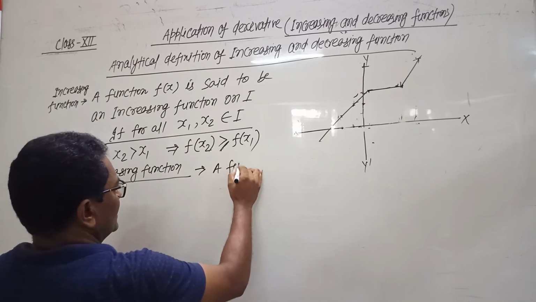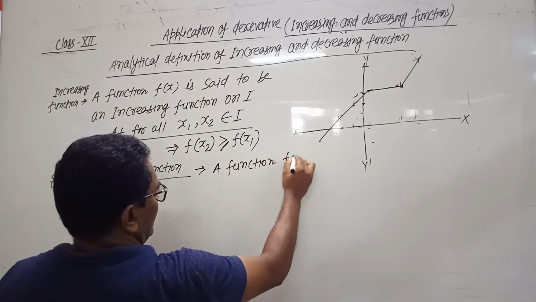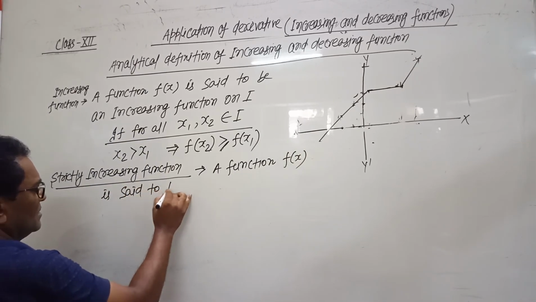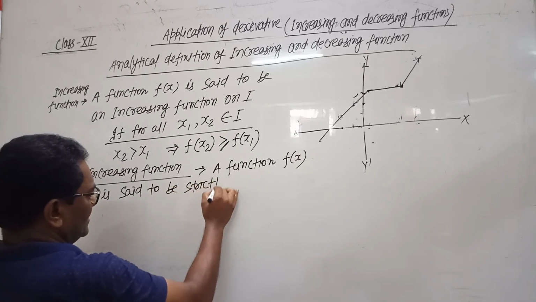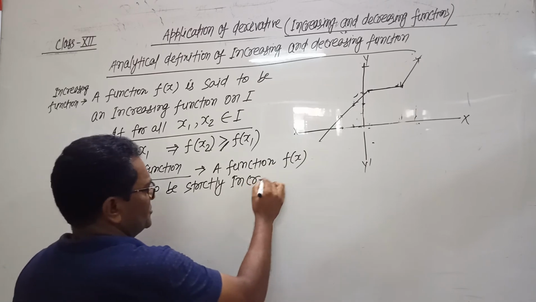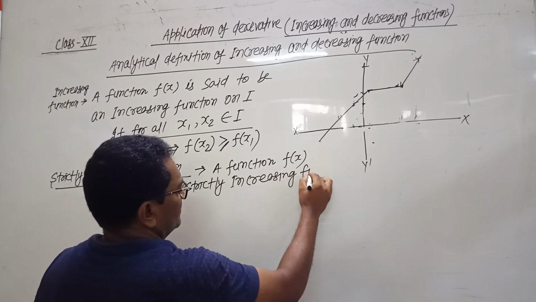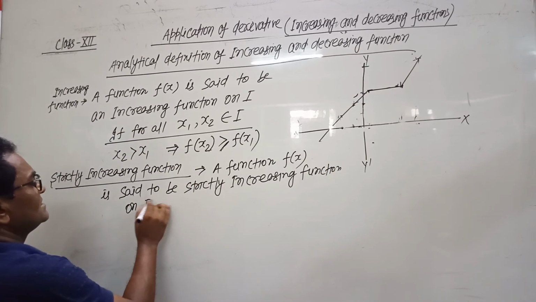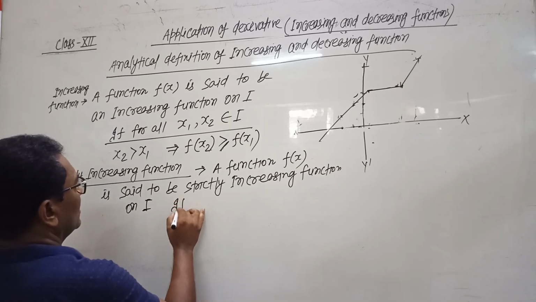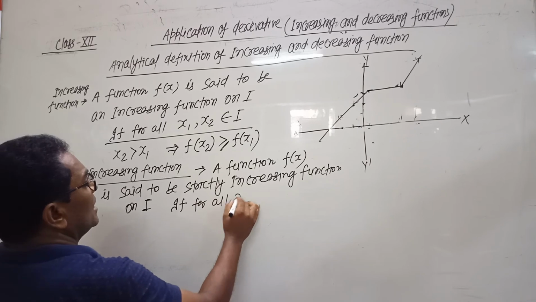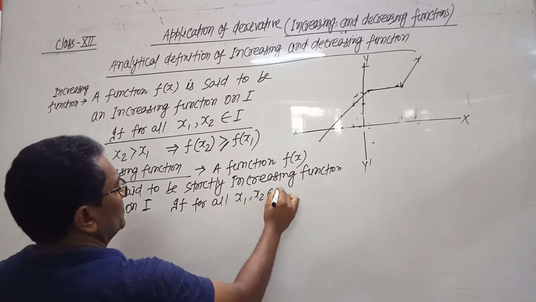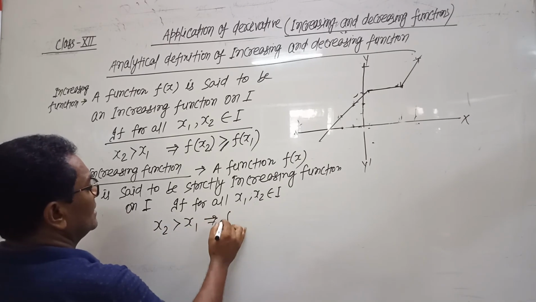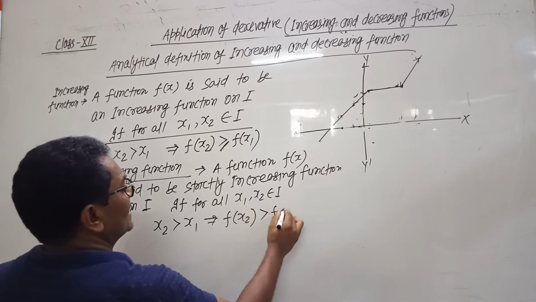So the definition is: a function f(x) is said to be a strictly increasing function on I, meaning interval, if for all x1, x2 belonging to I and x2 greater than x1, this implies f(x2) is greater than f(x1).